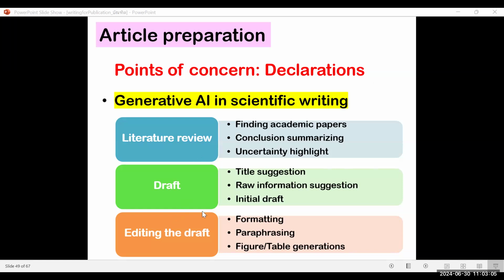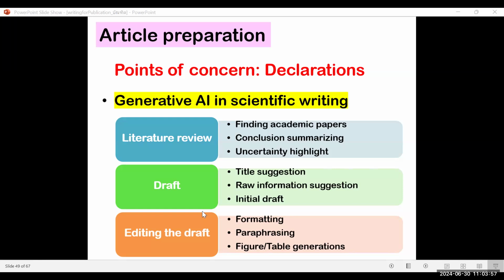And the second part: if you ask ChatGPT what the proper title should be, or ask ChatGPT to suggest titles, or ask ChatGPT for the literature review, or ask ChatGPT to draft the initial draft for you, you need to make it clear under declarations. Or if you just use AI for formatting your draft, or to illustrate figures or generate tables.